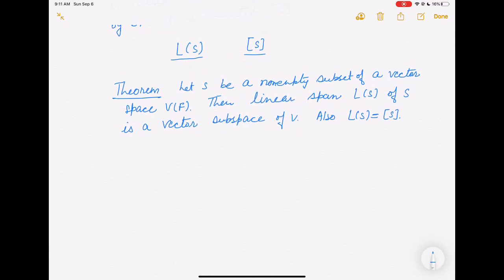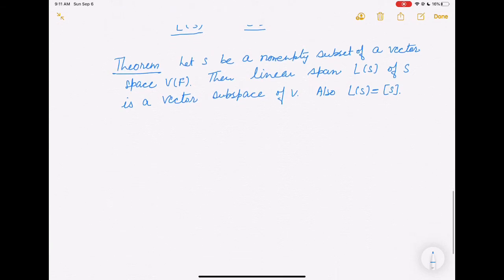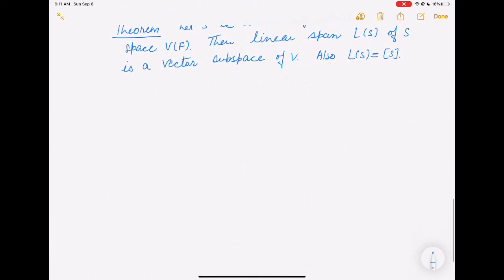So first we have to show that the linear span of S is a subspace of V. Let us write down its proof.